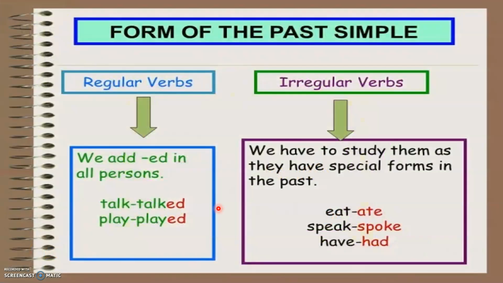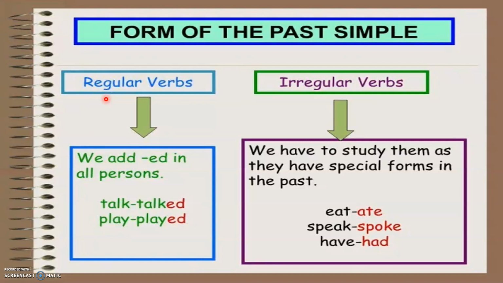Now, in the simple past tense, we have two kinds of verbs. We have the regular verbs, which we are going to talk about specifically in this class, and we have the irregular verbs. We're going to talk about them later, okay? So in this video, we're going to talk about the regular verbs. What does that mean?